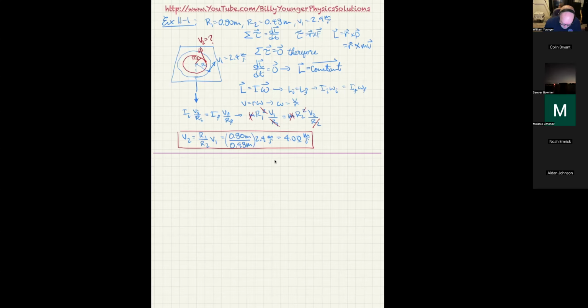But here's the problem. It's example 11.2, and it says clutch. A simple clutch consists of two cylindrical plates that can be pressed together to connect two sections of an axle as needed in a piece of machinery. The two plates have masses MA equals 6.0 kilograms and MB equals 9.0 kilograms with equal radii, R0 equals 0.60 meters.